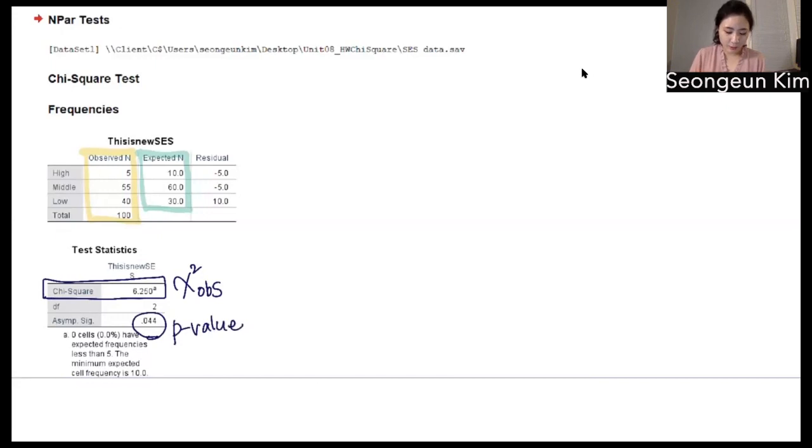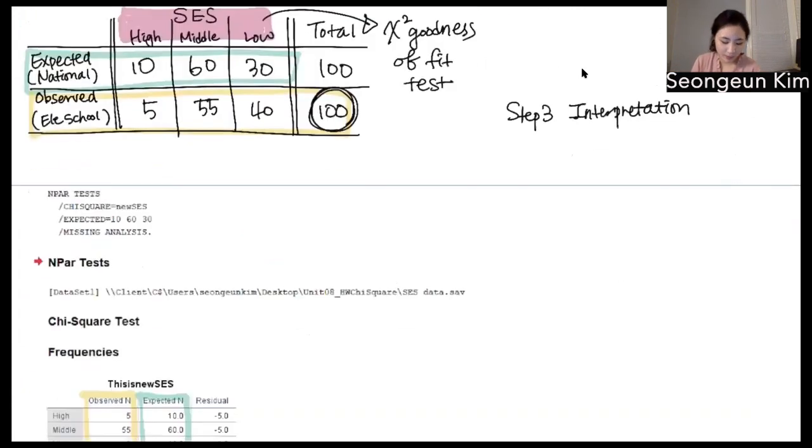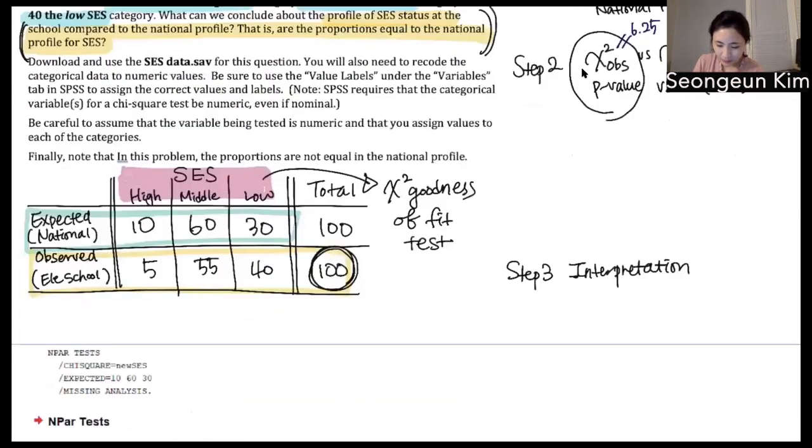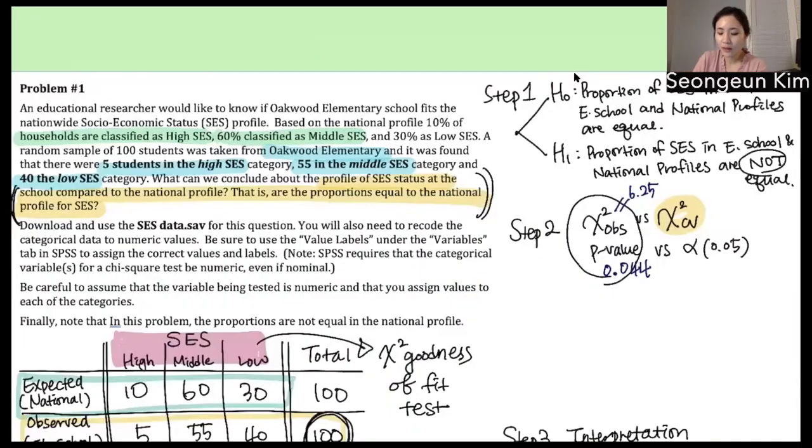So I know both, so I will put 6.25 as my observed chi-square value, and the p-value is 0.044. And we need to know the chi-square critical value.